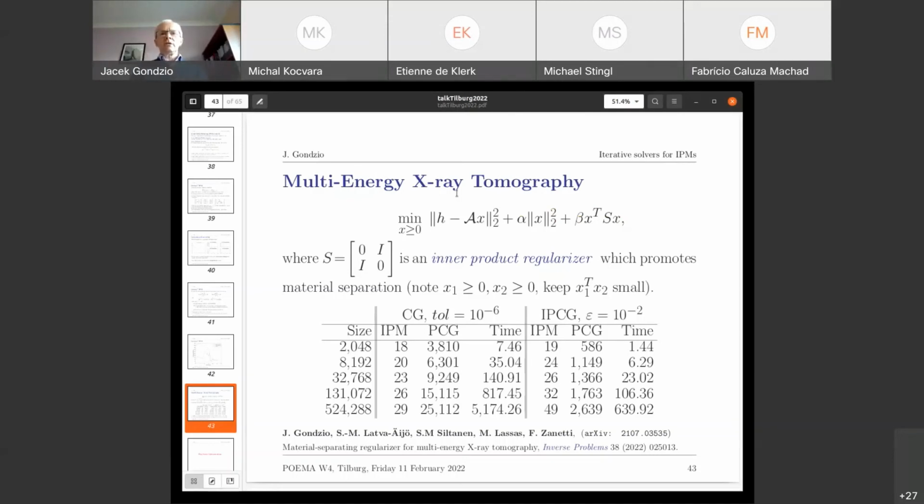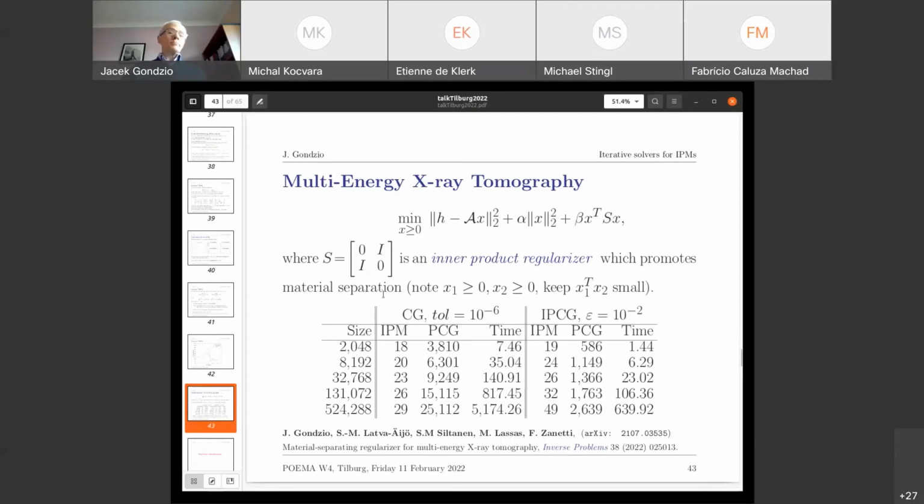In the Netherlands, you might use it to see what is hidden under the picture of Van Gogh. Maybe there was another picture that he painted, but then he was unhappy and repainted a new picture on top of another picture. And if you want to do this kind of separation, you will use clever X-ray tomography that is able to distinguish between different media through which the signal passes. And the separation is extracted by the use of this non-convex regularizer S. So the problems are non-trivial.